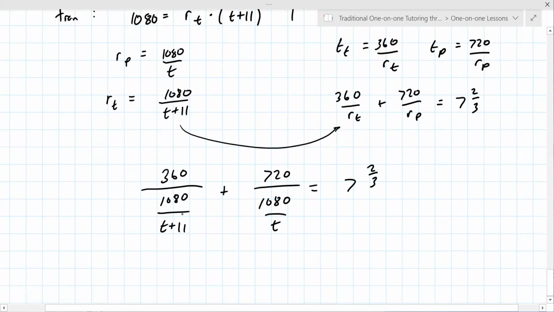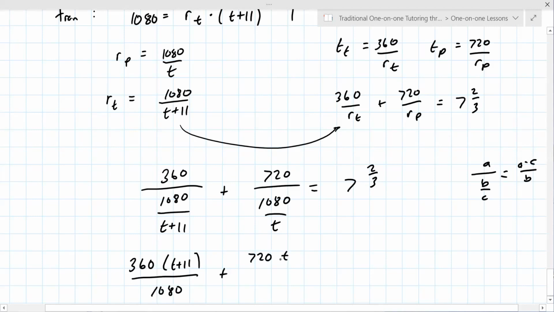So now each of these actually can simplify nicely. The T plus 11 goes up here. I don't know if you remember, if you have A over B over C, this equals A times C over B. So basically you bring this to the top. So it's 360 times T plus 11 over 1080 plus 720 times T over 1080 equals 7 2/3.